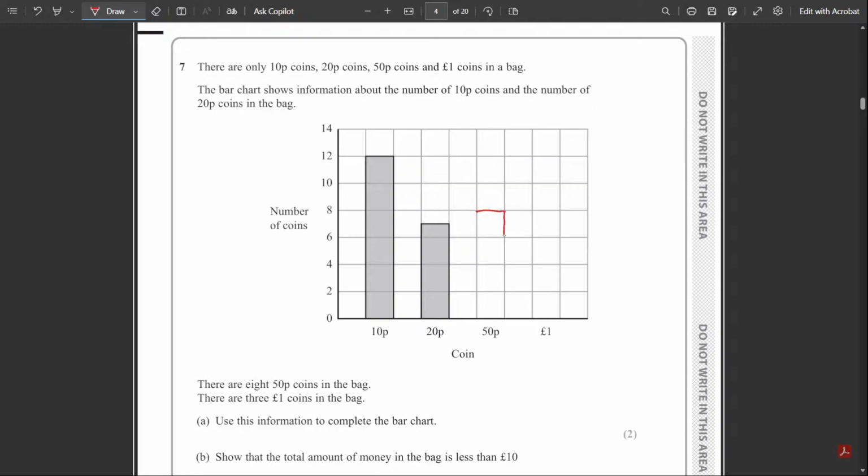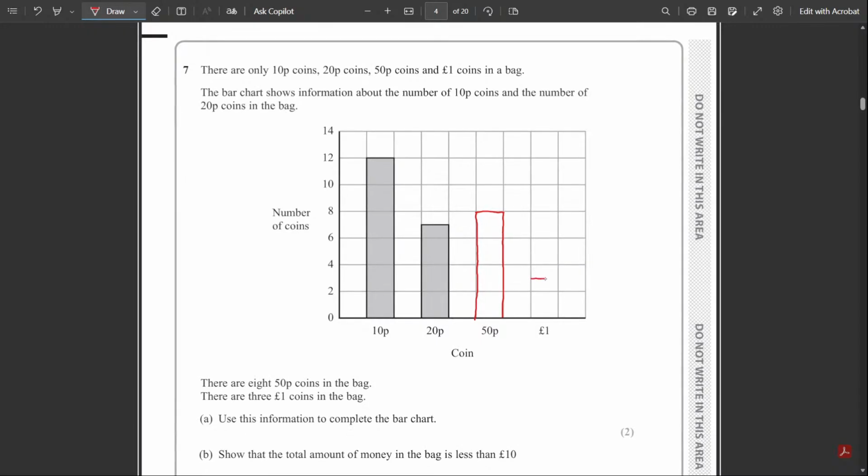You should use a ruler and pencil to draw this, so if you go wrong you can correct it. And there are 3 pound coins, so we're going to go to 3 for the pound coins and draw that, halfway between 2 and 3.